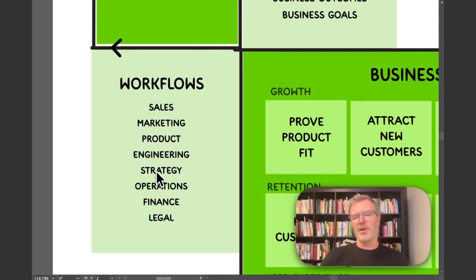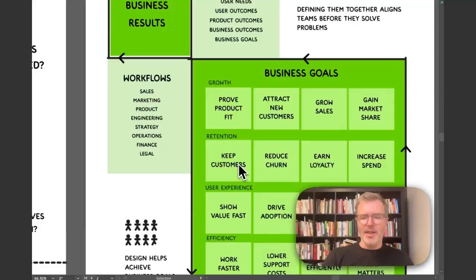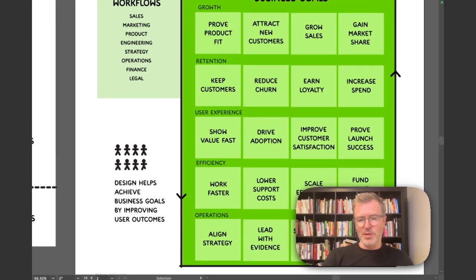Design can be a co-partner that works more holistically across these functions to create value, but designers aren't going to be invited into that conversation unless they clearly articulate that they're interested in these business problems to surface ways that design can help. And that's ultimately in these loops you see here: design is going to help achieve those business goals when we're improving the user outcomes, those experiences that users are trying to desperately sometimes get from a product or service.